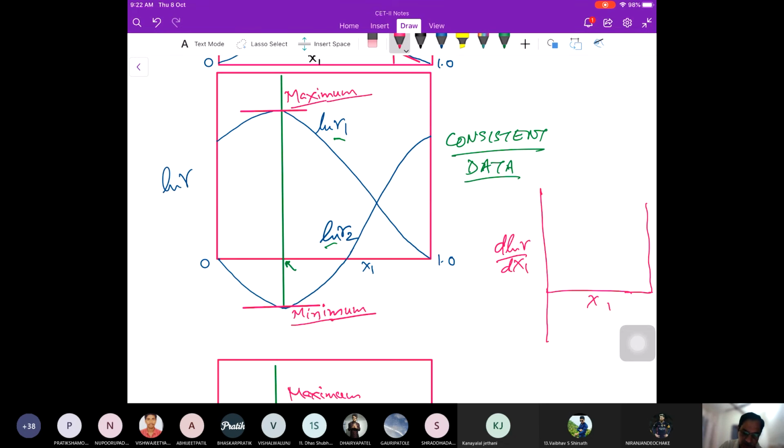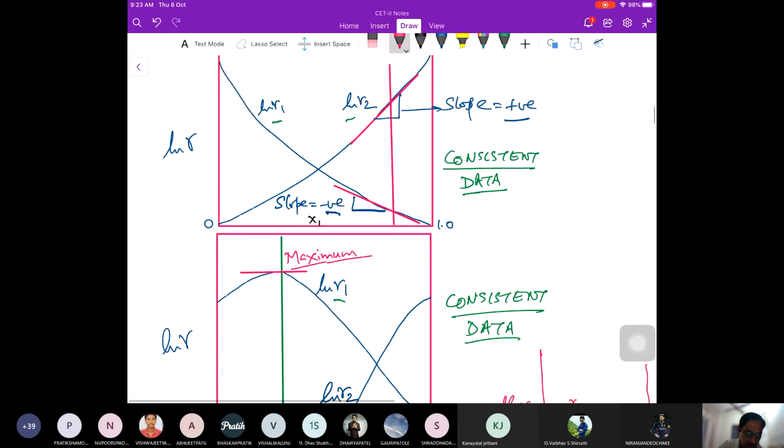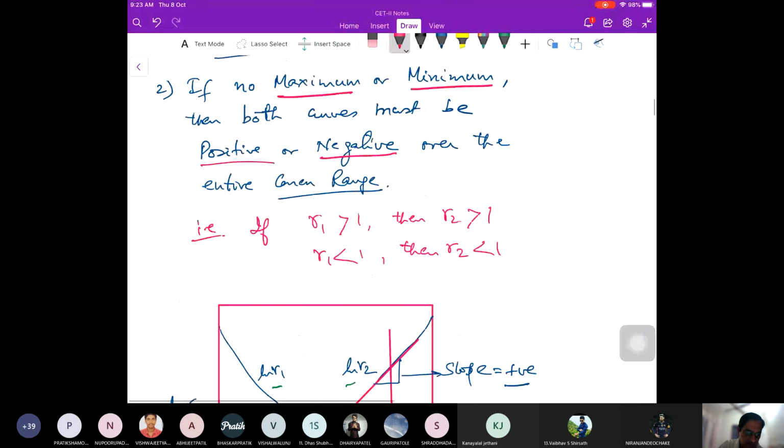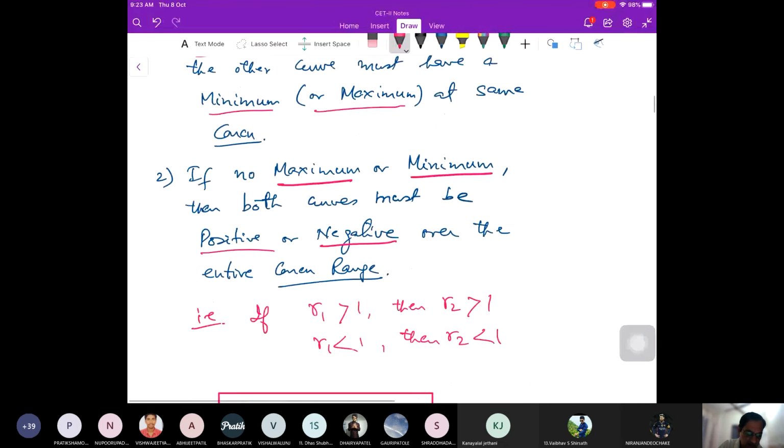That means it should be below this curve. If it is zero, it should be somewhere here, and for a minimum, it should be somewhere here. That is actually coming from mathematics. I'm not going to show the derivation, but take it for granted that this is the condition.